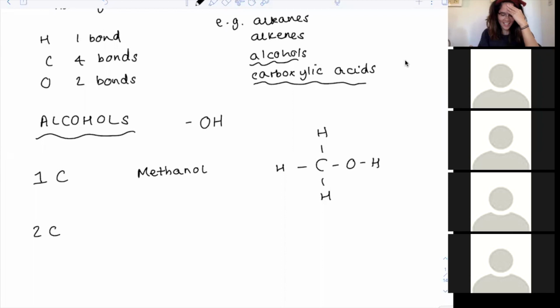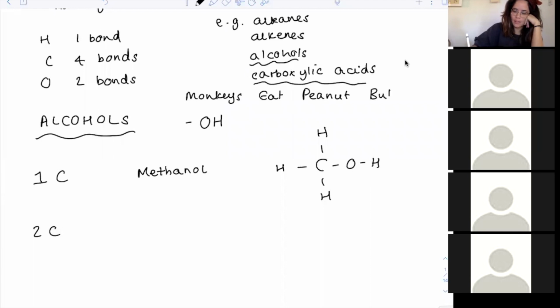So right, the second alcohol, remember that we use monkeys eat peanut butter as our mnemonic to help us remember this. So monkeys was meth, eat stands for eth. So the second alcohol, which you've probably most likely heard of, is ethanol.